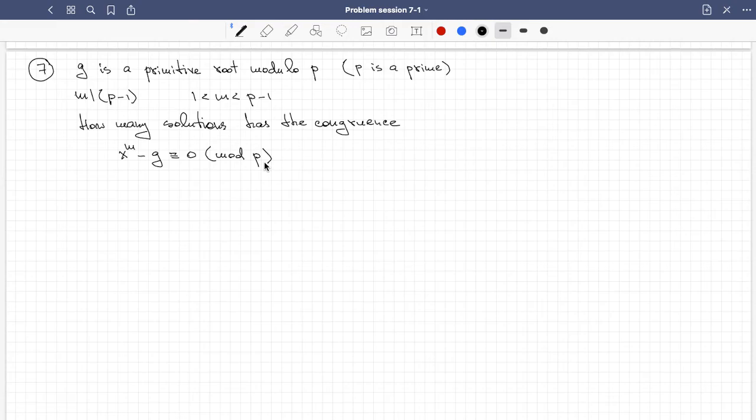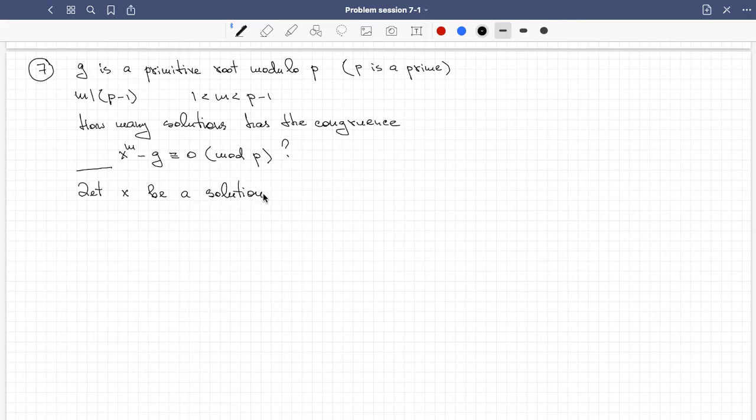So we can rewrite this congruence as x to the m is congruent to g modulo p. Let x be a solution.